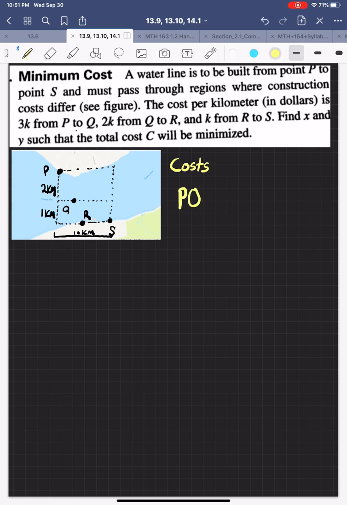Let's start building some information here. The length of P to Q is going to be $3,000 per kilometer. We have arbitrarily just put Q here.